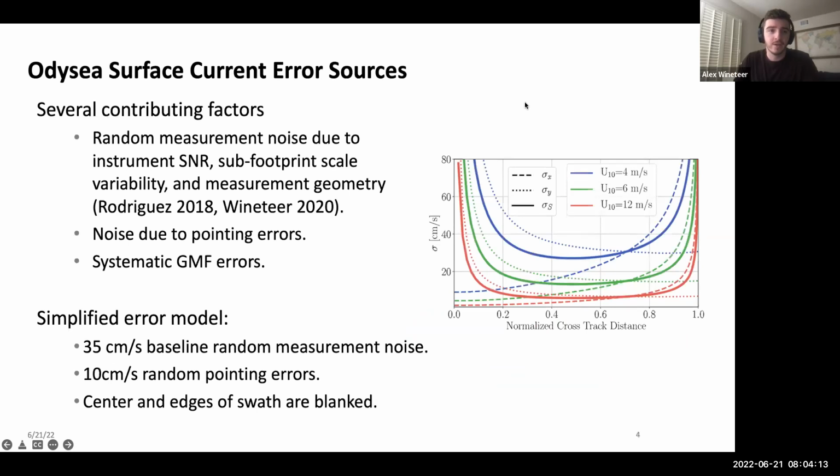So there are a few main surface current error sources. The first one is random instrument noise and sub-footprint scale variability. We have noise from pointing errors and then systematic GMF errors. And so this plot on the right is showing primarily this first bullet, showing the instrument measurement noise and sub-footprint scale variability.